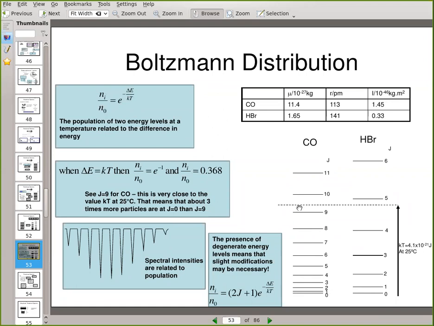Just be careful, because these are the energy levels, but remember for rotation in one dimension, the first rotation, it could be moving forward or backward. And of course, if it's moving forward with a certain angular momentum or backward with a certain angular momentum, the energy is the same, which means that there are multiple energy levels available.